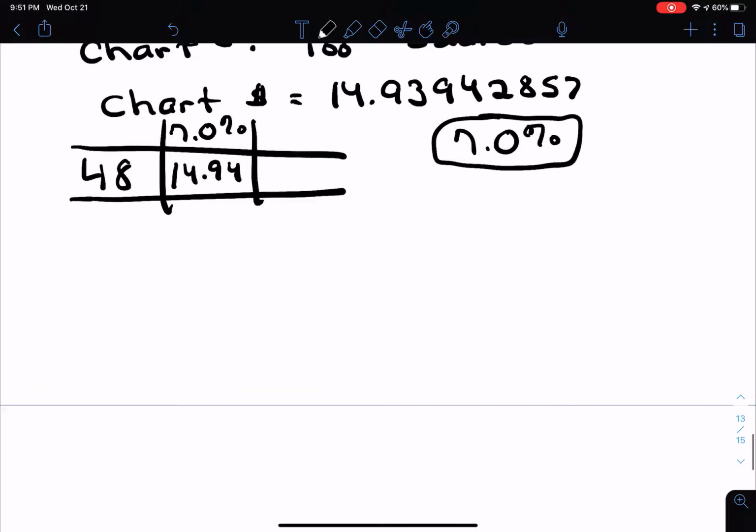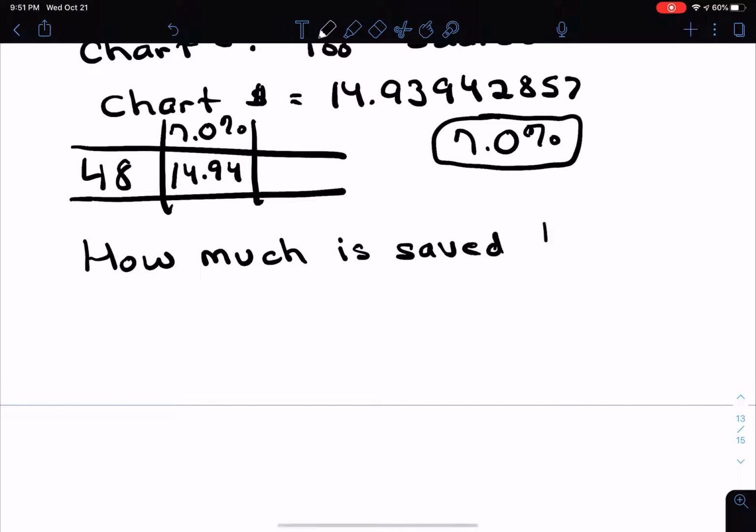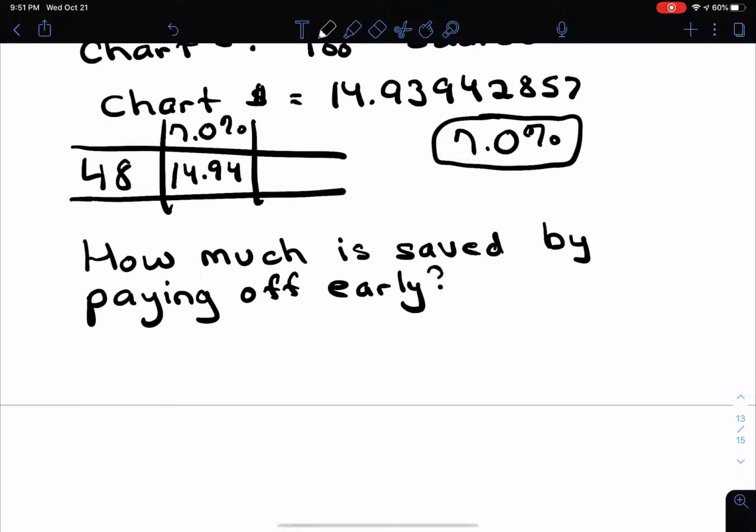All right. So how much is saved by paying off early? Back to our actuarial method.